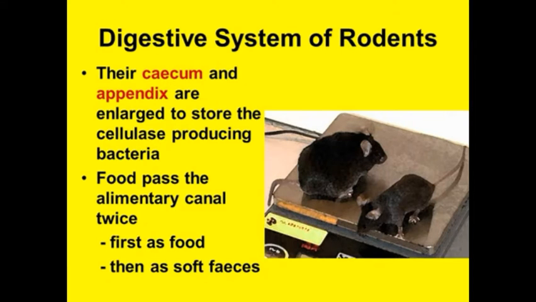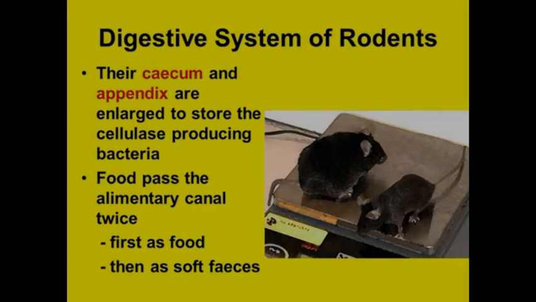For the digestive system of rodents, the cellulase is secreted by the cellulase-producing bacteria in the cecum. So the food actually passes through the alimentary canal twice in rodents. First as food taken by the rodents, and the second as soft feces, which is digested at night.